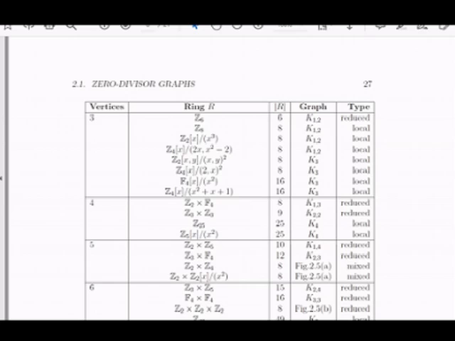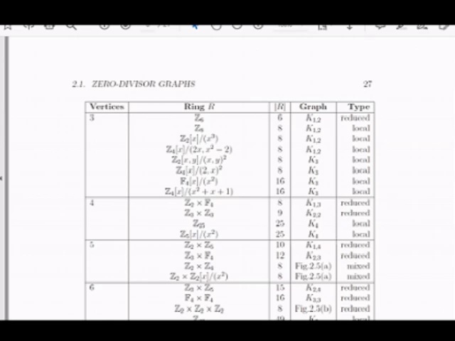So for a graph with three vertices, yes, we can find rings where the zero divisor graph of the ring will give you K_{1,2}. Like if I take Z8, the ring Z8, if you calculate the non-zero zero divisors of Z8, it will be 2, 4, 6, three vertices.